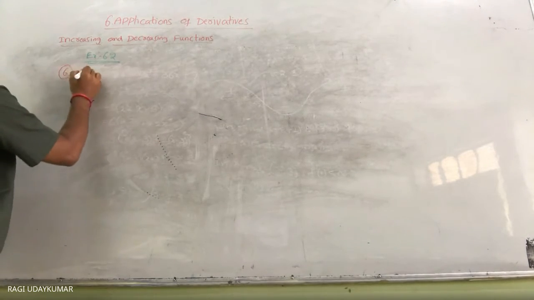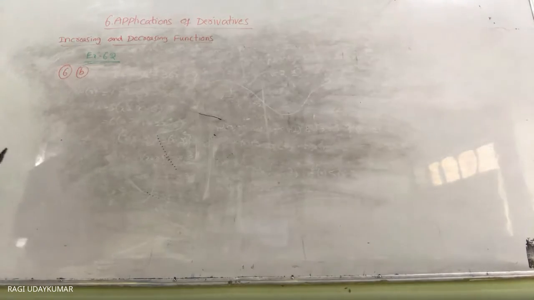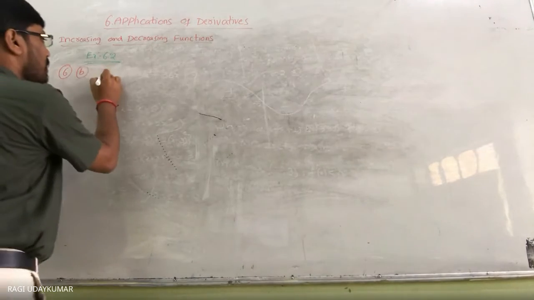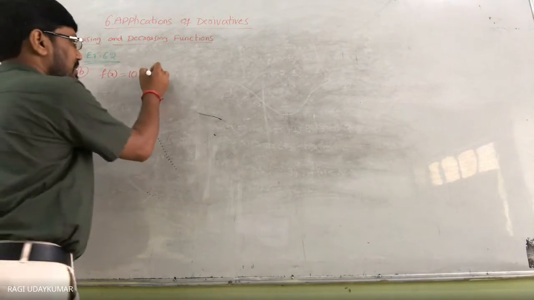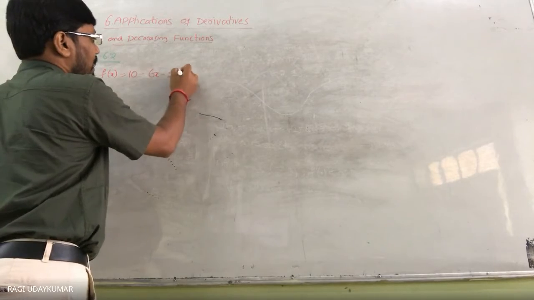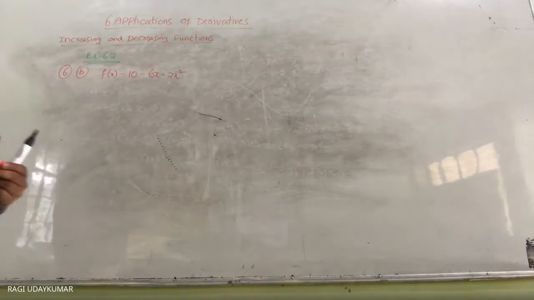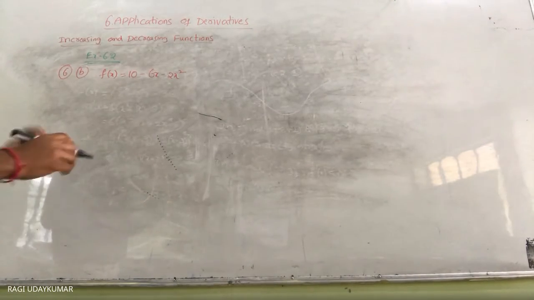Sixth question, B. Take problem B. The function is given to you. f of x is equal to 10 minus 6x minus 2x square is the given function. What is f dash of x? You are going to get it.